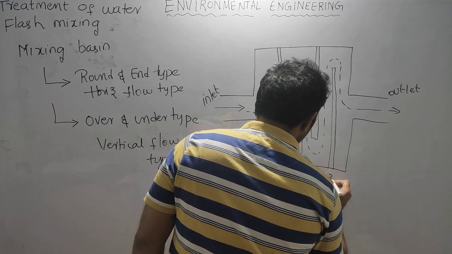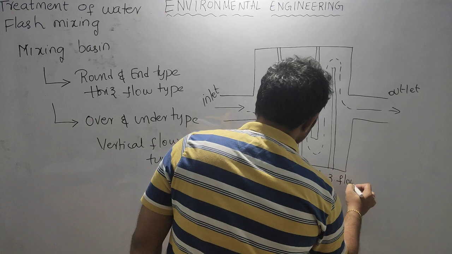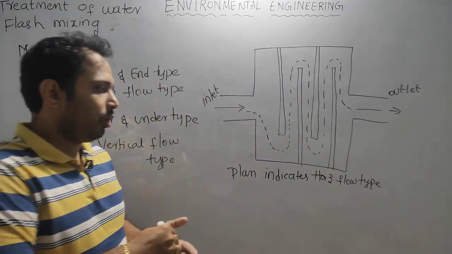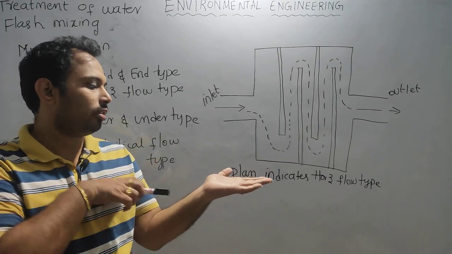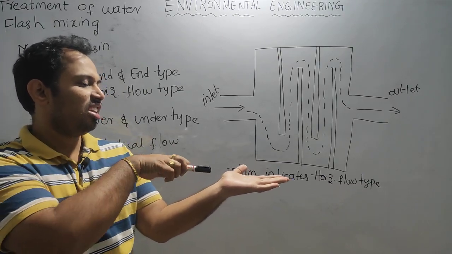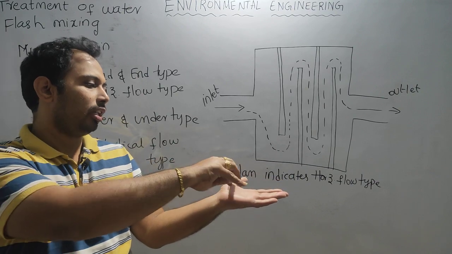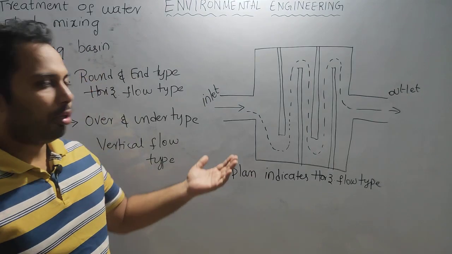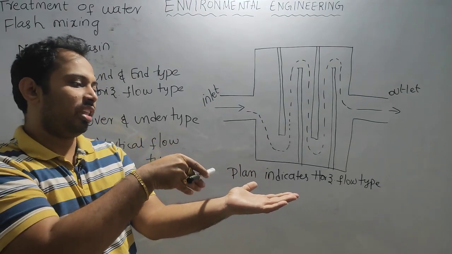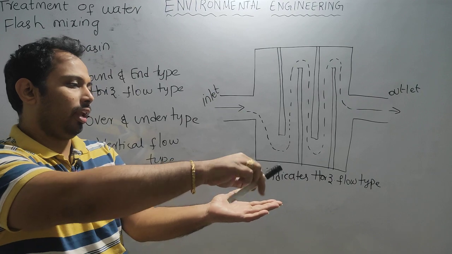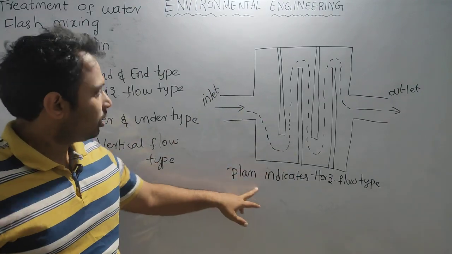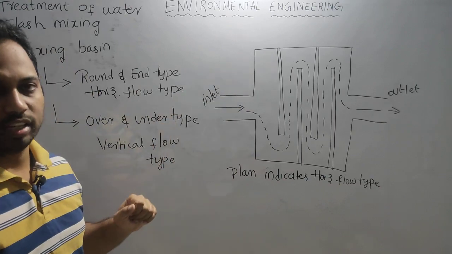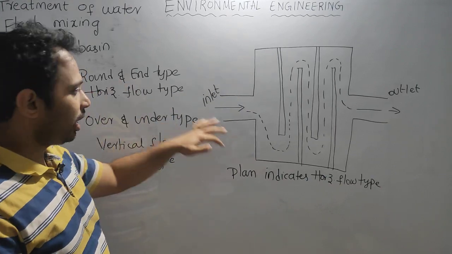The water enters from the inlet, moves like this, and the baffle arrangement is in the horizontal plane. That is the round and end type of manual flash mixer.